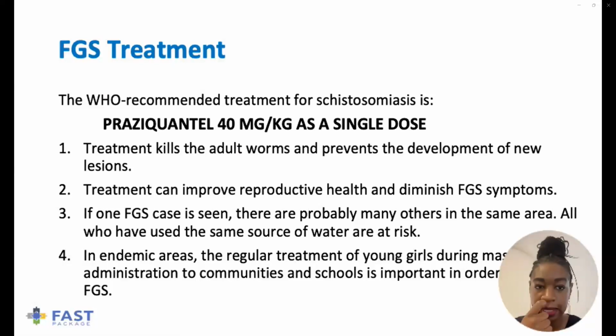If one FGS case is seen, there are probably many more in the same area. So all those who use the same water points are definitely going to be at risk, and plans need to be made to do chemoprophylaxis of this. And then in endemic areas, regular treatment of young girls is necessary.